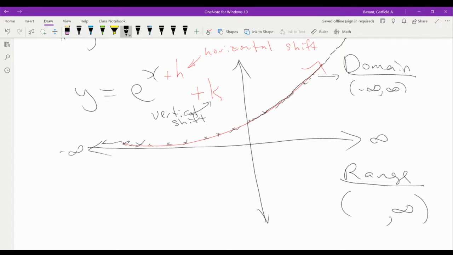So is it going towards negative infinity? If we follow it all the way to the left, how low is it going? Is it going below the x-axis? It's not going below the x-axis, but it's getting closer to the x-axis, right?